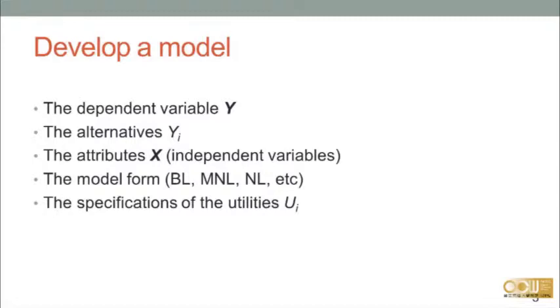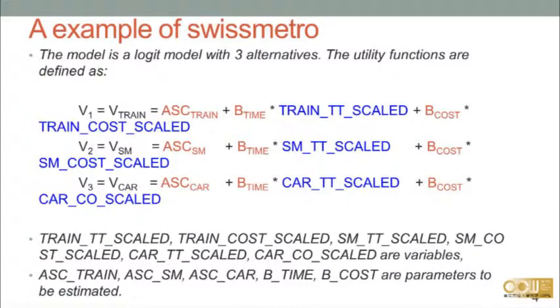How many alternatives you have, the attributes, which means all the independent variables, which are the x. The model form that, for example, is multinomial logit, nested logit, binomial logit. This should be binomial logit. And then you need to specify the utility. So it doesn't matter which software you use, you need to do this. This is what he does.